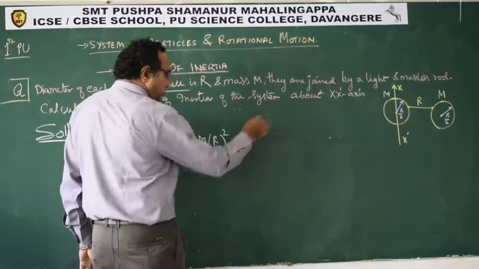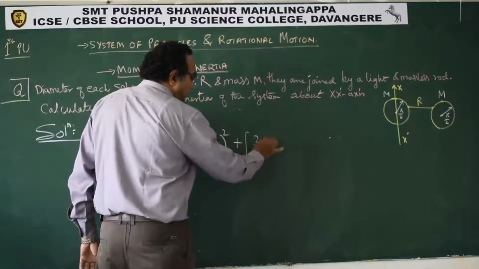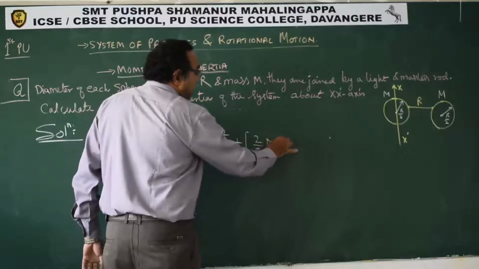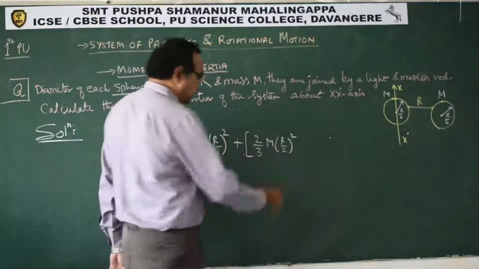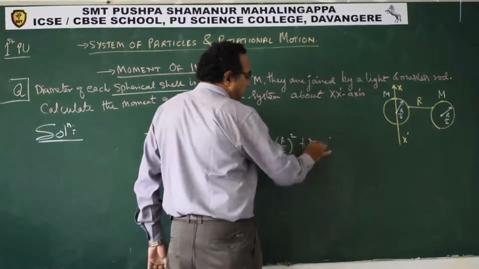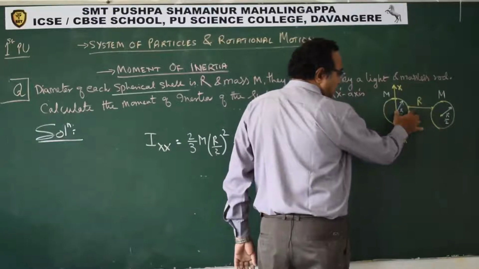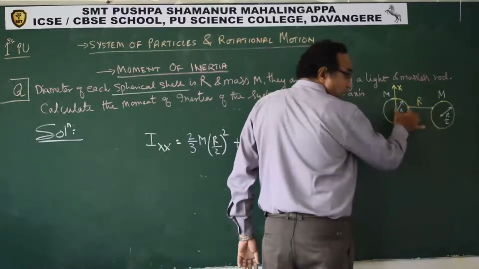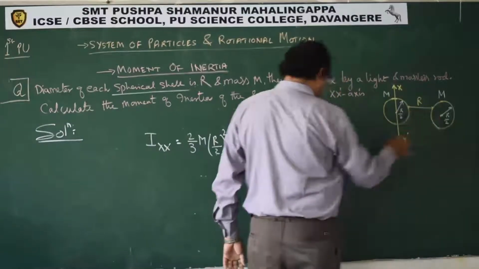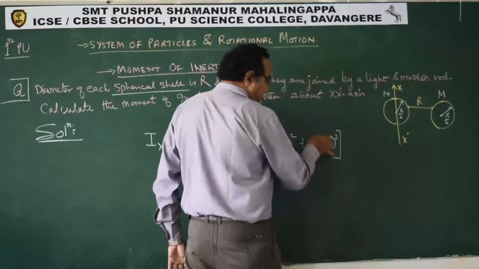The moment of inertia of the second sphere will be 2 by 3 m into r by 2 square plus mass times the distance. This is r by 2, this is r by 2. R by 2 plus r by 2 is r, plus between them is 2r. So 2r square. This is what we get.